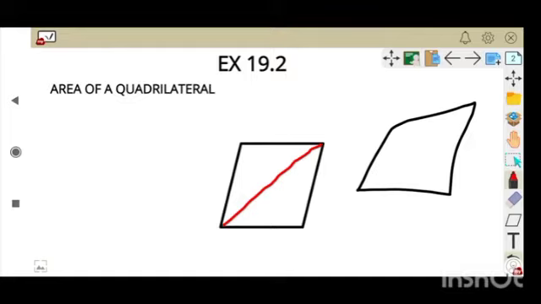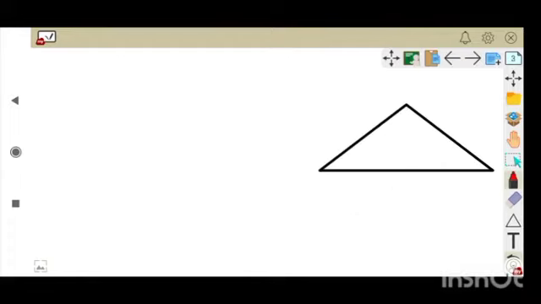Because once I draw this one diagonal, I see two triangles. If you know how to find the area of a triangle, then we can find the area of each triangle, and when we add the areas of these two triangles, we get the area of the whole quadrilateral.